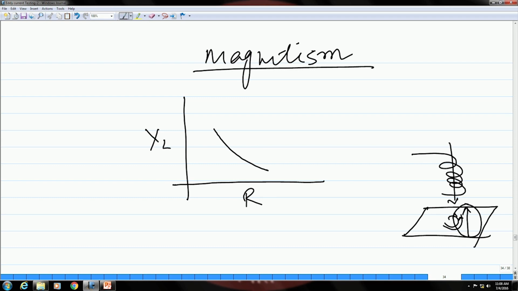That is exactly what is going to happen when you have a magnetic material, because when the eddy currents are induced, the magnetic material will have its own magnetic permeability, and the magnetic permeability of the sample will overshadow the magnetic field of the eddy currents.